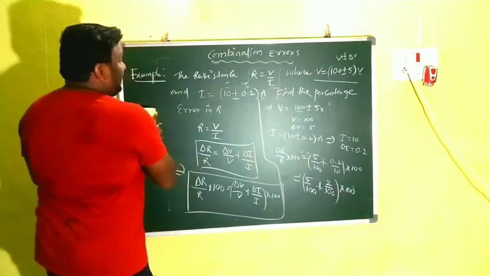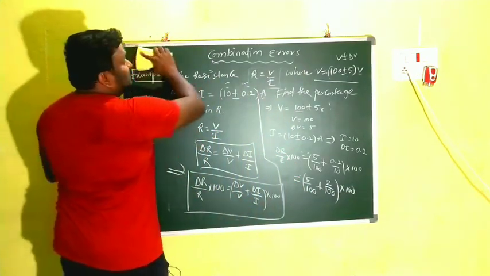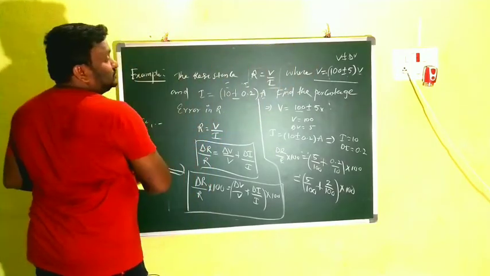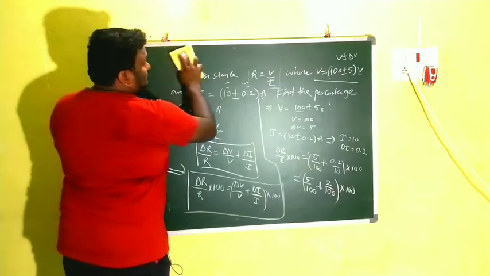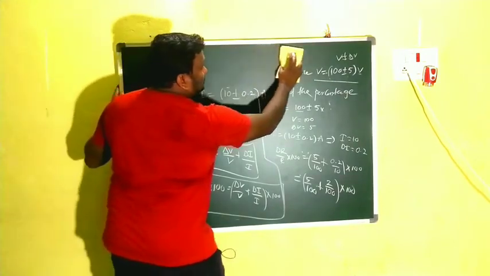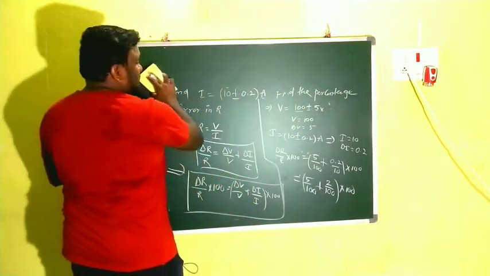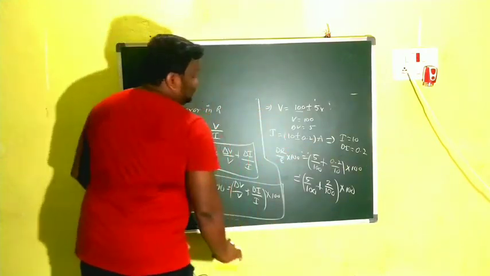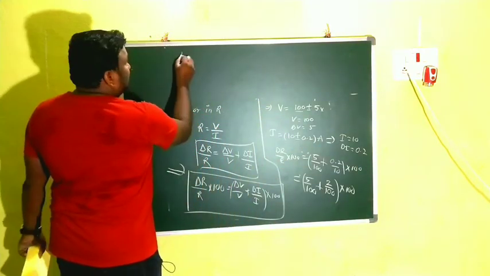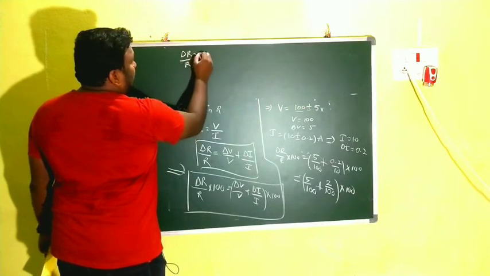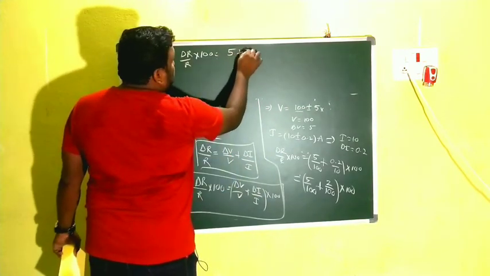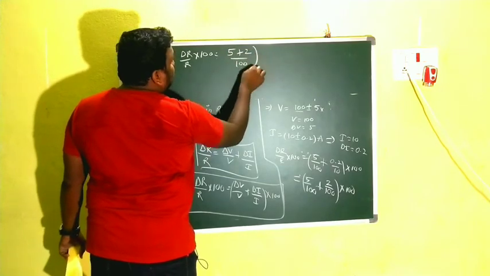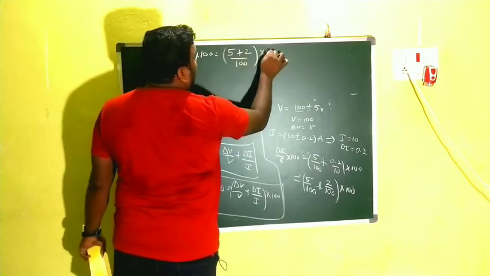Clear? Then what to write? Here delta R by R into 100 is equal to, children, 5 plus 2 over 100, since the LCM is 100 only, into 100.